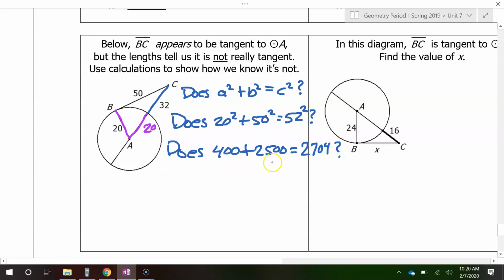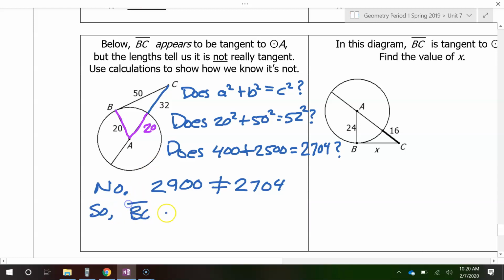And so this is going to be 2,900. And 2,900 does not equal 2,704. So I'm going to say no. 2,900 does not equal 2,704. So segment BC is not tangent.